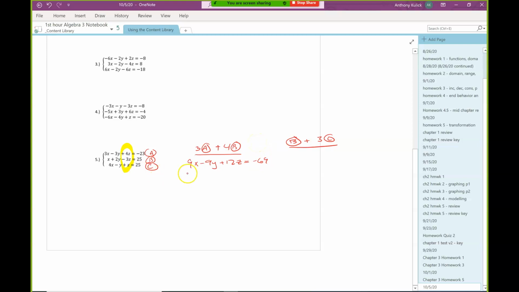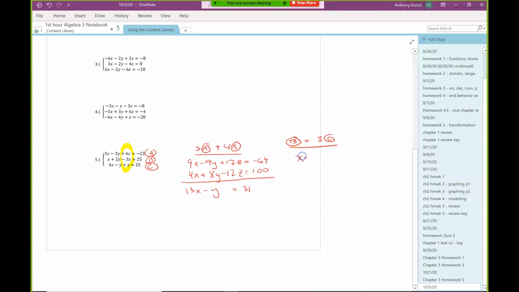And then 4 times b, so that's 4 times x is 4x. 4 times 2y is 8y. 4 times negative 3z is negative 12z. And 4 times 25 is 100. When we add down, we have 13x minus 1y is equal to 31.